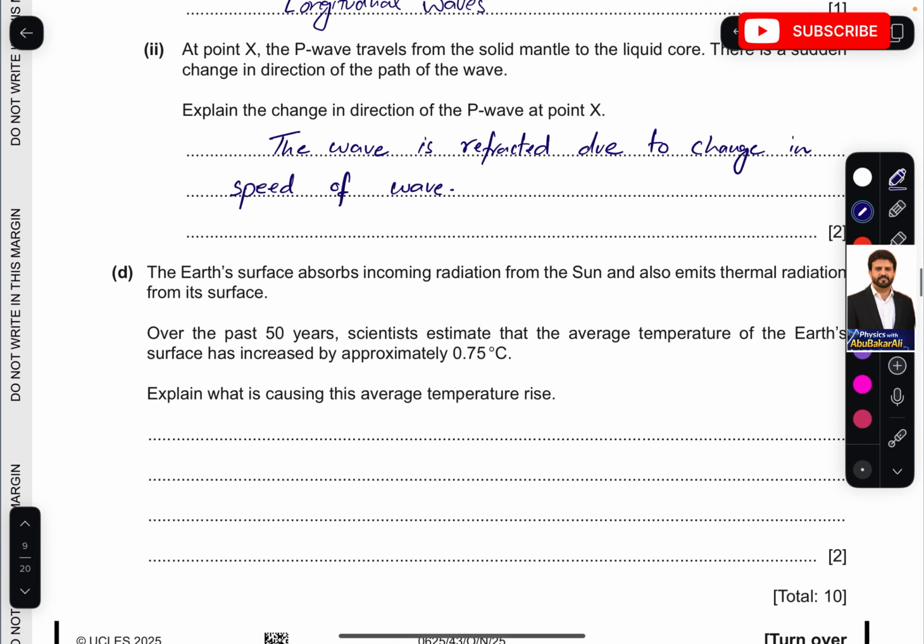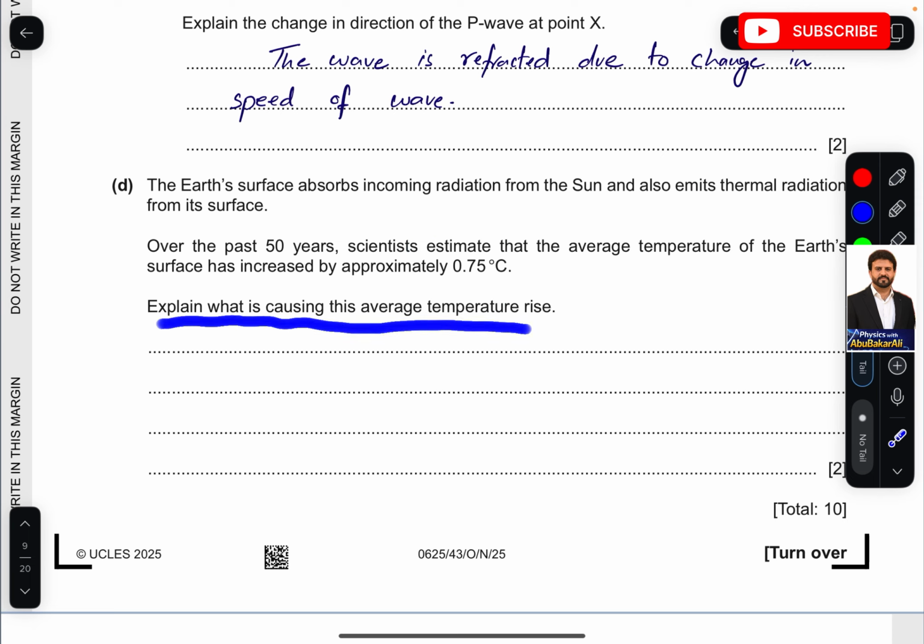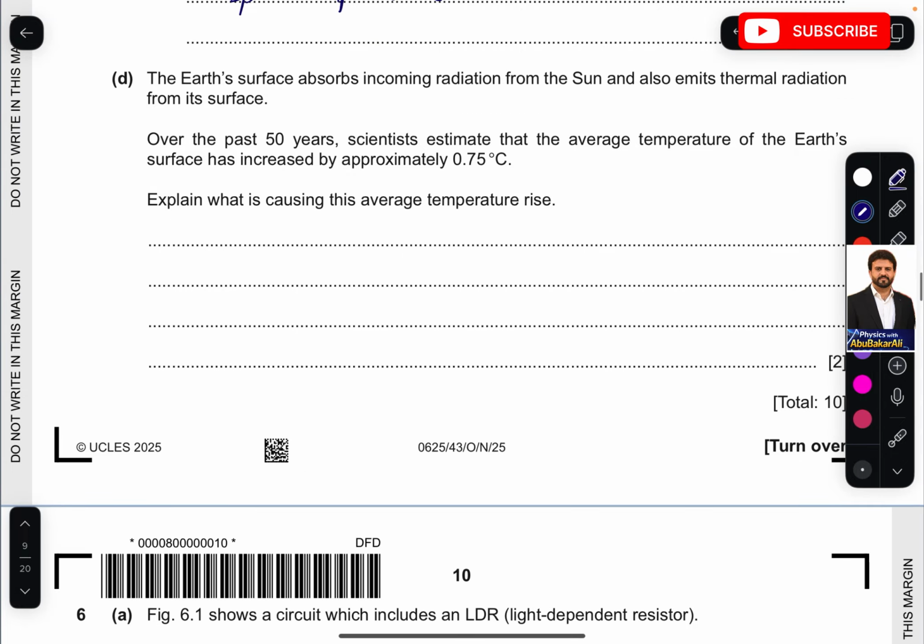Okay. Then moving forward, the Earth's surface absorbs incoming radiation from the sun and also emits thermal radiation from its surface. Over the past 50 years, scientists estimate that the average temperature of the Earth's surface has increased by approximately 0.75. That thing is called global warming, right? Explain what is causing the average temperature to rise. This effect is called global warming, but why is this happening? This is because of the greenhouse effect.